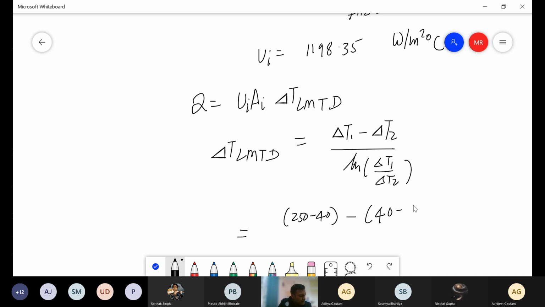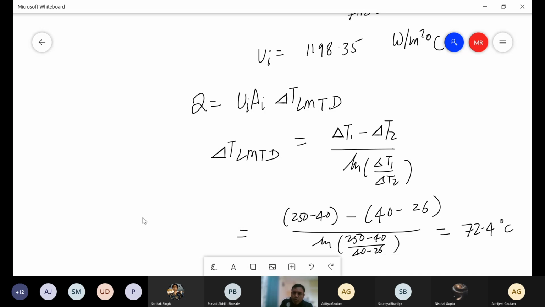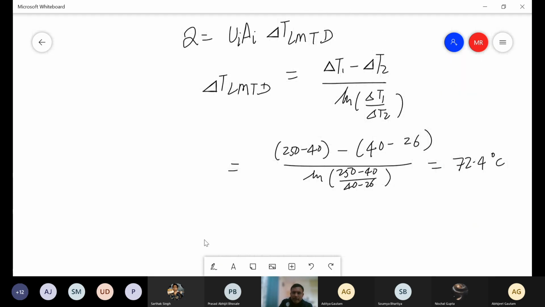Divided by ln of 250 minus 40 divided by 40 minus 26. Calculate the value of delta T LMTD. So you will get 72.4 degrees Celsius.